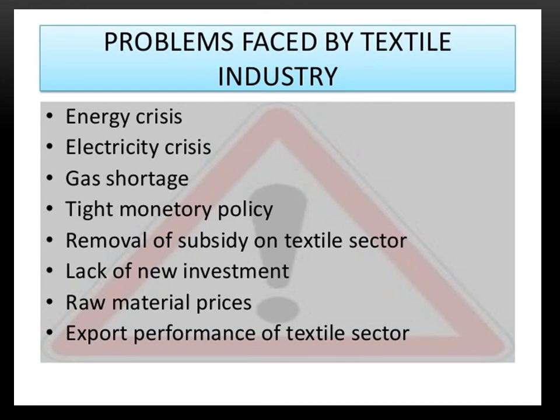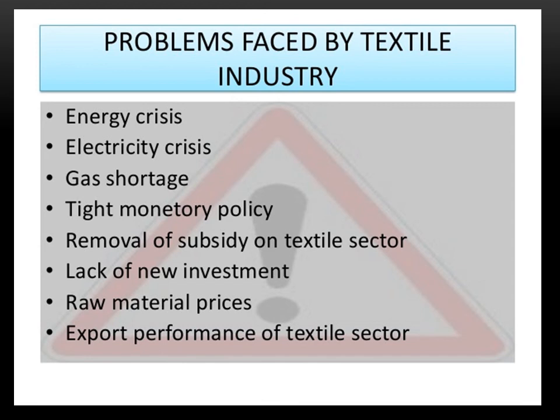We have outdated textile machinery, means old machinery that needs to be replaced with modern machinery. There's a high cost of imported machinery, burden on foreign exchange reserves, and shortage of water or the water crisis that can reduce the raw material for cotton industry.